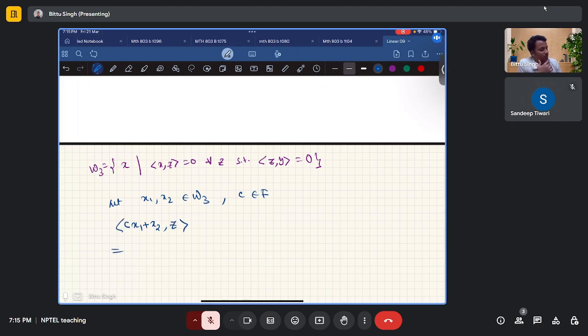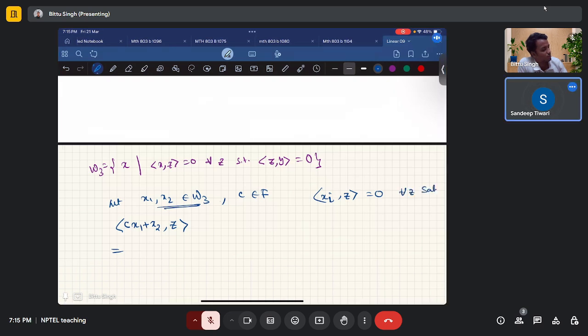We need to check if this inner product is 0 or not. We know this is true: x1, x2 belong to W3. This means xi times z will be 0 for all z that satisfy those certain conditions.